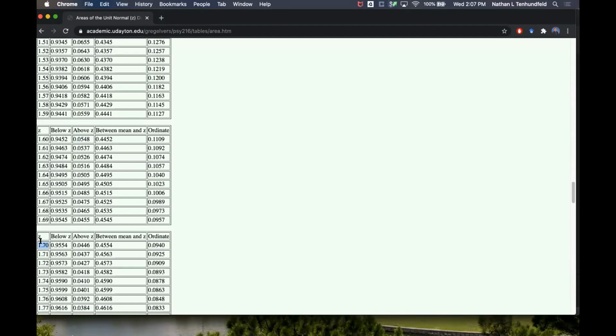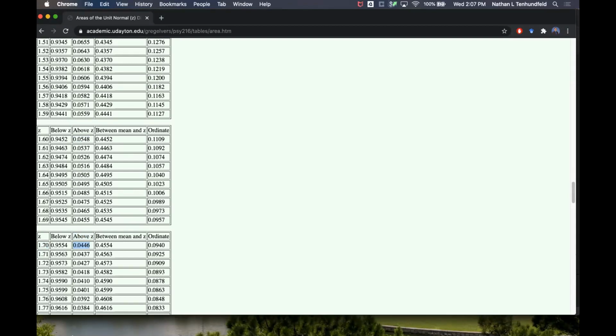Tail. Why tail? Because we're looking for the probability that's above where the z-score is. Exactly. Yep. So we look above that z-score or in the tail, and that probability is 0.0446, or about a 4.5% probability, right?